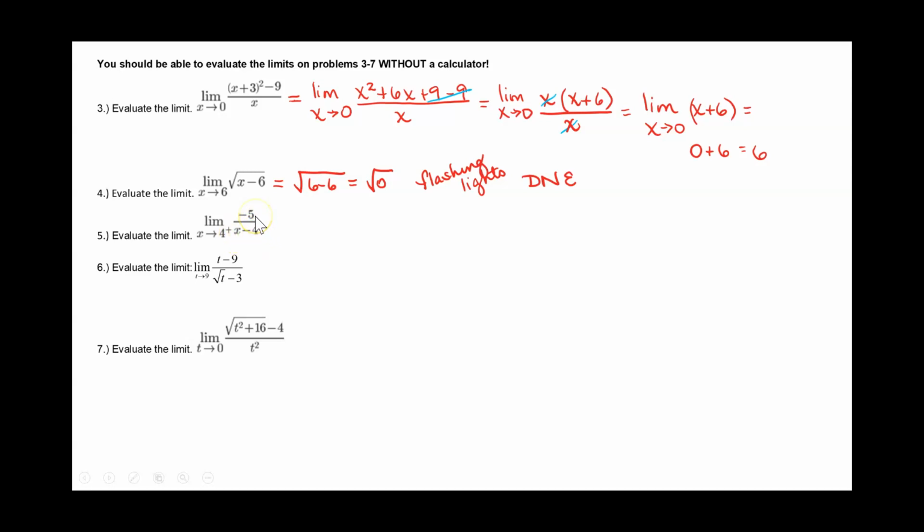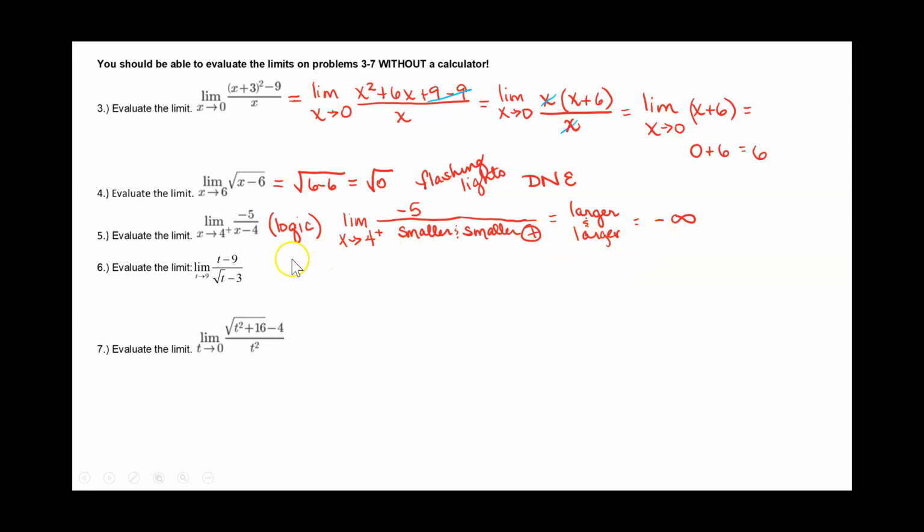Then the next thing that I have to figure out is whether it's positive or negative. If I'm approaching 4 from the right, every one of these numbers I'm putting in down here, 4.1, 4.01, 4.001, they're going to yield a positive denominator. So negative divided by positive would give us a negative infinity.